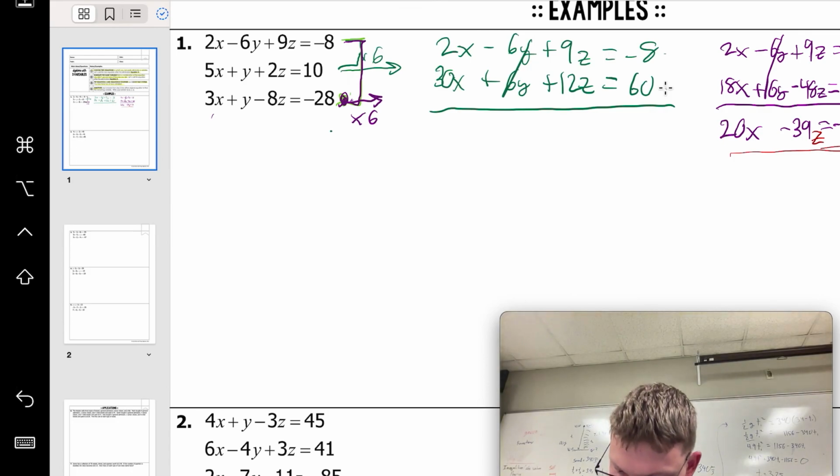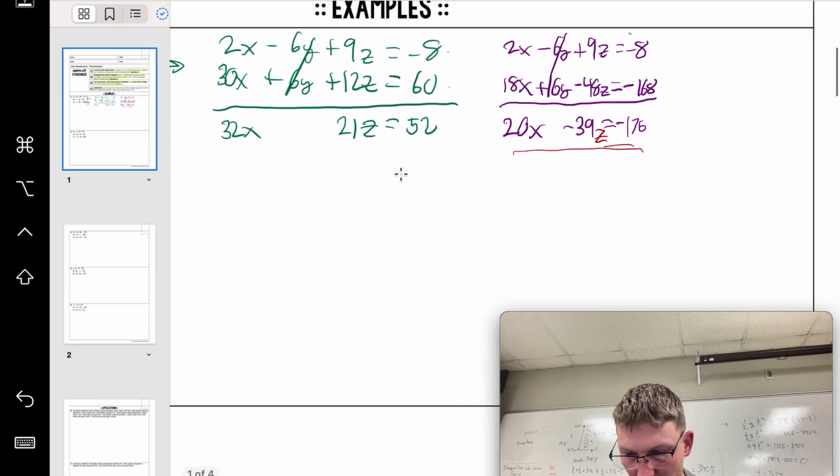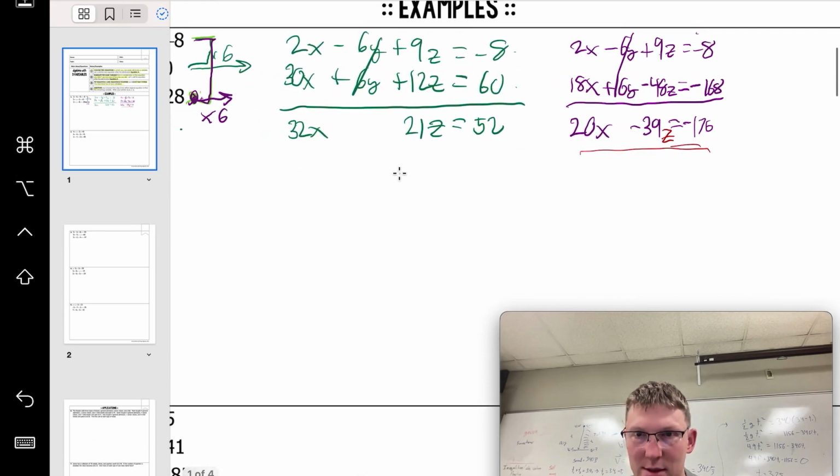And so that is going to be 52. Equals 9 plus 12 is going to be 21z. Sorry, I'm just kind of working backwards. And then we've got 32x. Okay, so now we have our two equations, and I've double checked them, and they are correct.